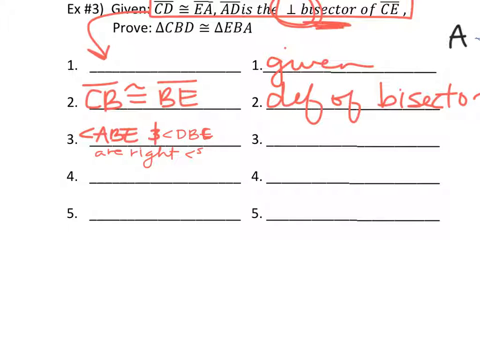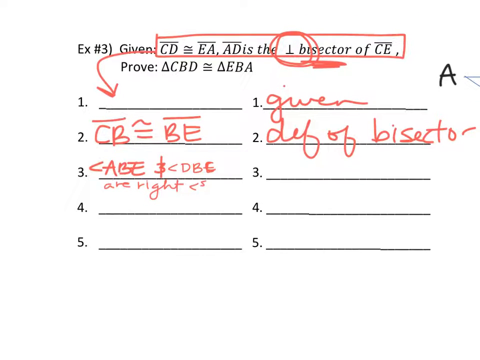How do I know those are right angles? What did they give us? They gave us perpendicular, right? If they tell you it's perpendicular, we know they're right angles. So that's definition of perpendicular.